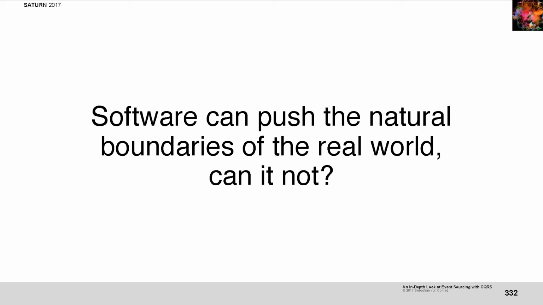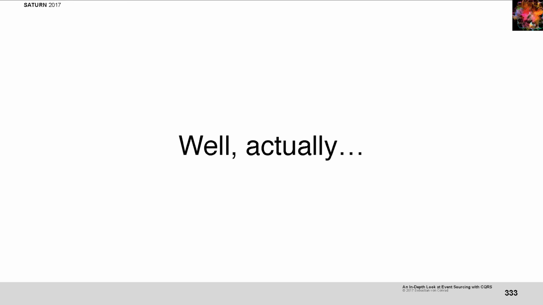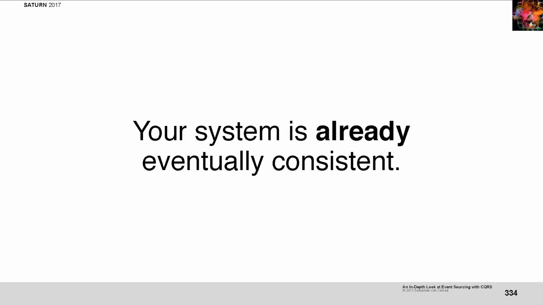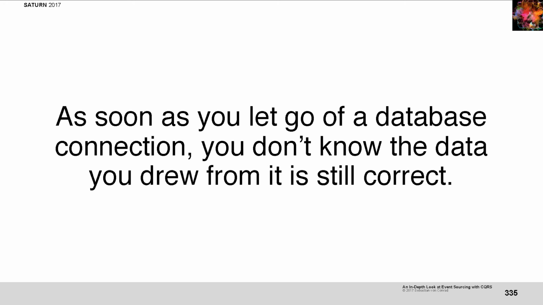With software, we can push the natural boundaries of the world, can't we? It's a trick question, because your system, whether you know it or not, is already eventually consistent. As soon as you let go of a database connection, you have no way of knowing whether the data you drew from it is still correct.